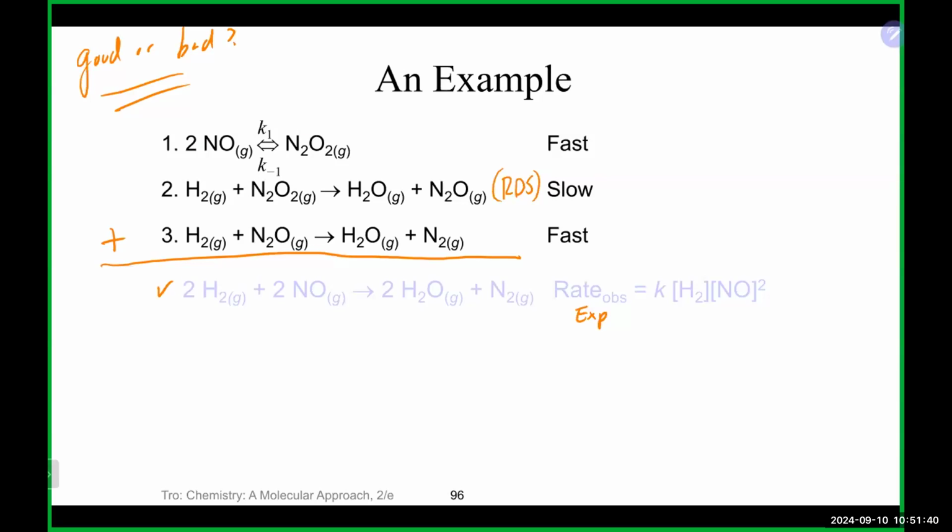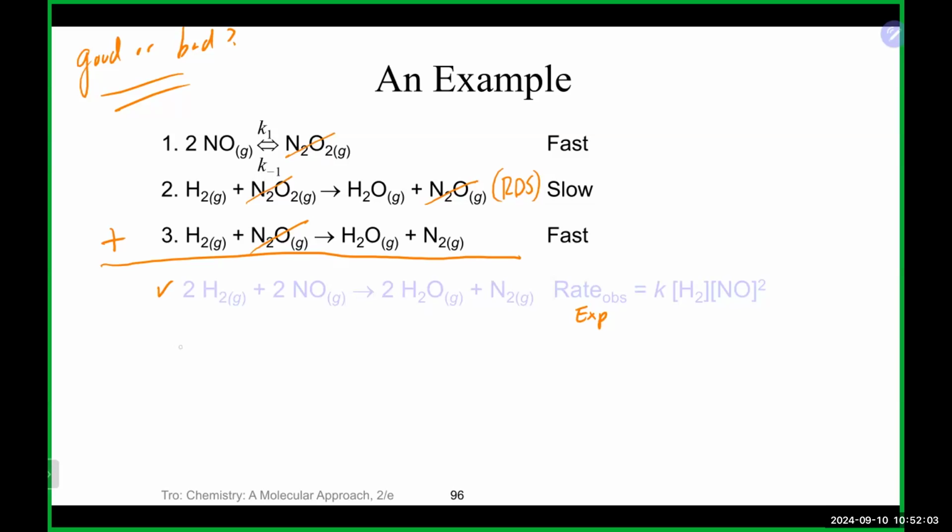Once again, anything on opposite sides of the arrow will cancel. So in this case here, I got N2O2 on opposite sides, so they cancel. I have N2O over here, so they cancel. And I believe that is all that's going to cancel in this case.